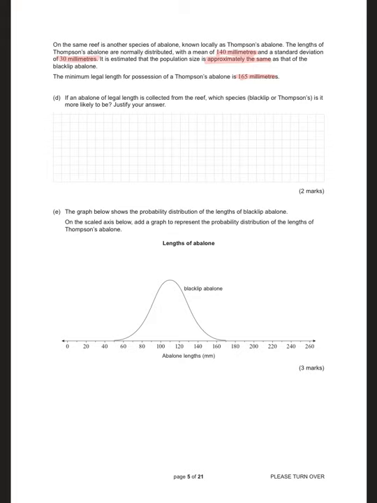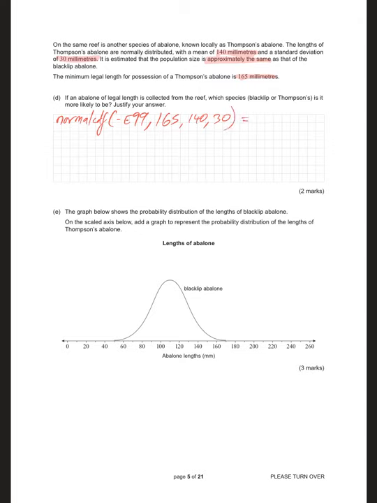Well, what's the chance of an abalone being smaller than legal length for this new species? Normal CDF, negative E99. I'm interested in what proportion of them are below the legal length of 165, with mean 140 and standard deviation 30.